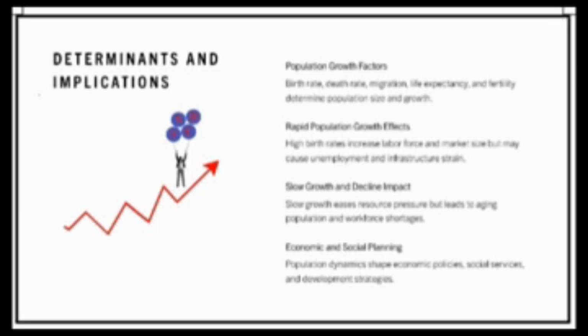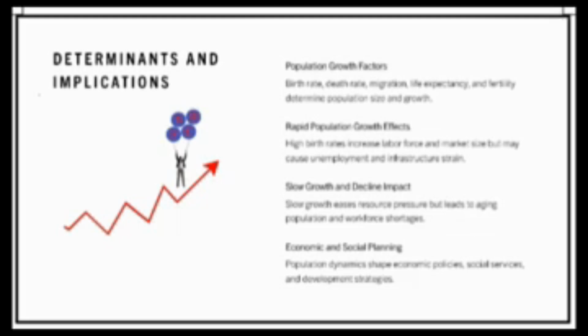Having said that, a declining population or slow growth rate of population also has its advantages and disadvantages, like we have looked at with rapid population growth. For slow population growth, the advantages include less pressure on the available resources, and it also has lower unemployment because there will be more employment opportunities for the available number of people.